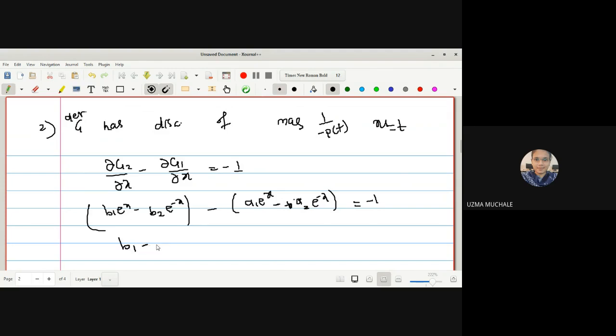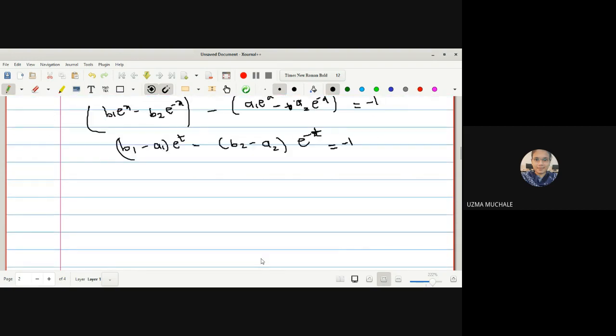So this will be b1 minus a1 e raised to t, next we can take a negative sign outside and write b2 minus a2 e raised to minus t, equal to minus 1, which is equation number 2. Since we have 4 unknowns, that is a1, a2, b1, b2, we should get 4 equations.